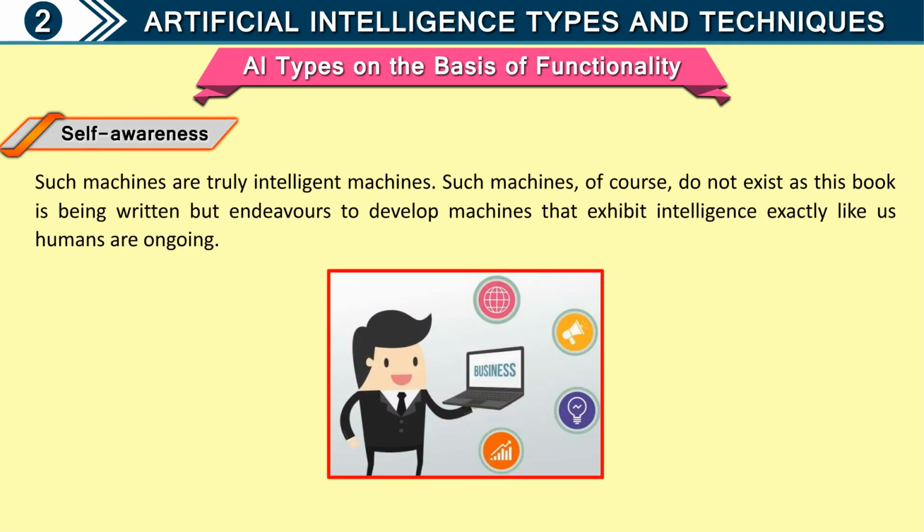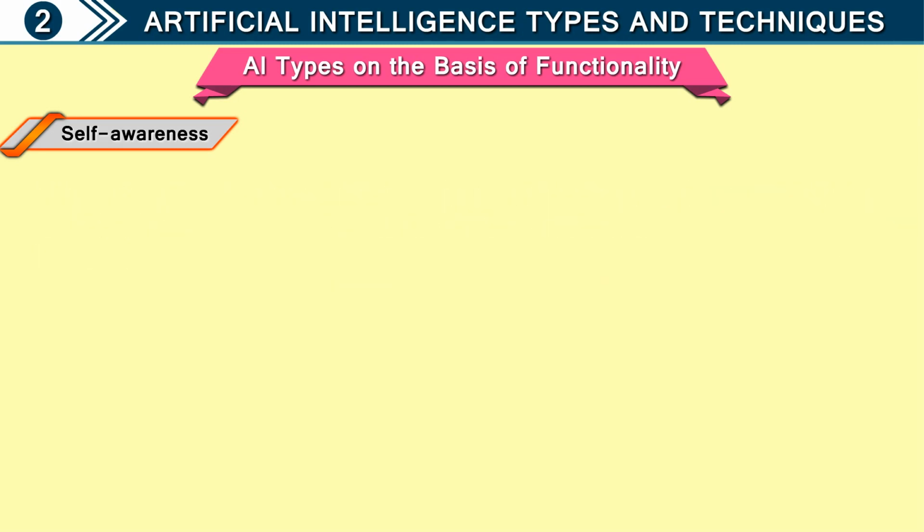Self-awareness. Such machines are truly intelligent machines. Of course, such machines do not exist as this book is being written, but endeavors to develop machines that exhibit intelligence exactly like us humans are ongoing.